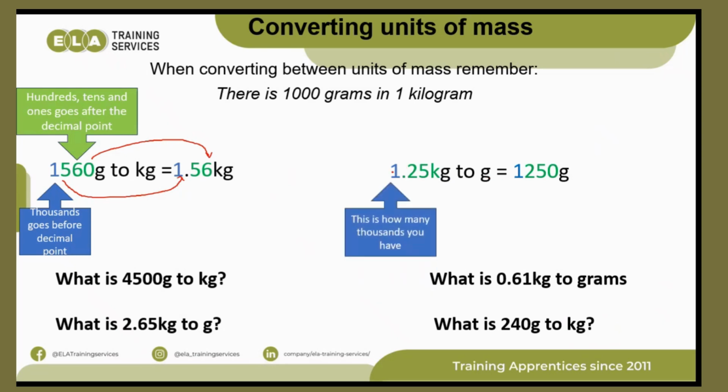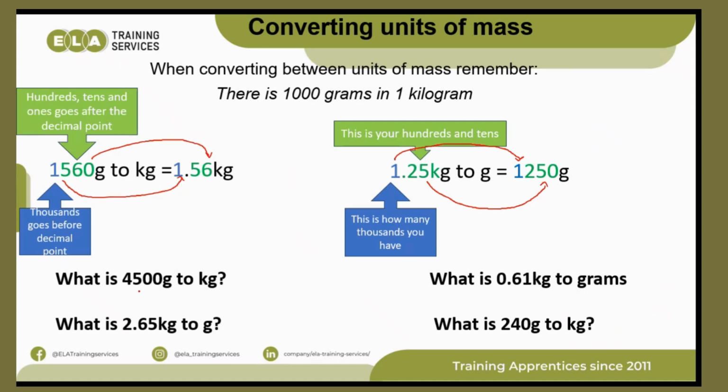The number before the decimal tells you how many thousands you have, so we're going to start with 1,000, and then the number after tells you how many hundreds and tens you've got. So your 25 converts to 250. So 1.25 kilograms to grams would be 1,250.